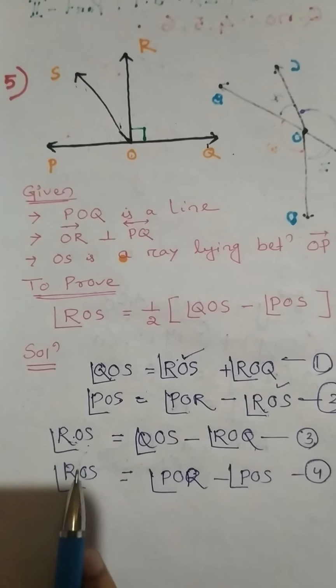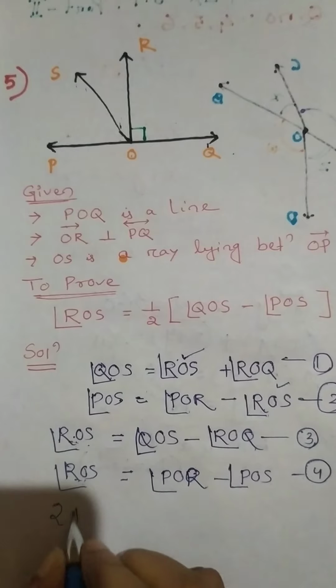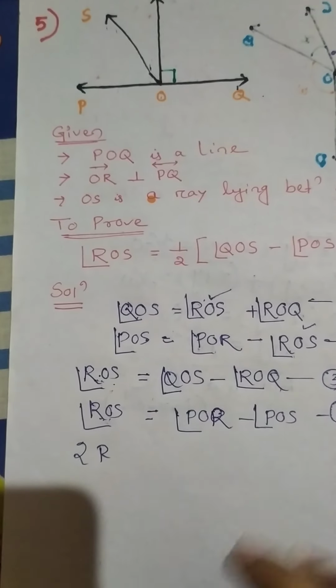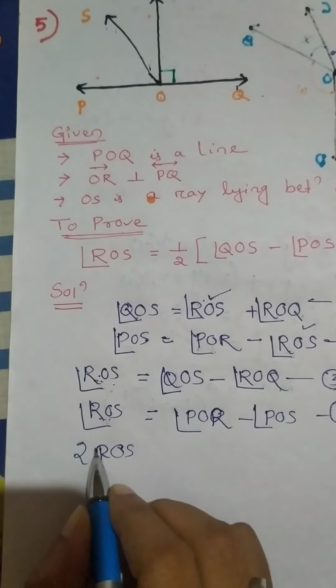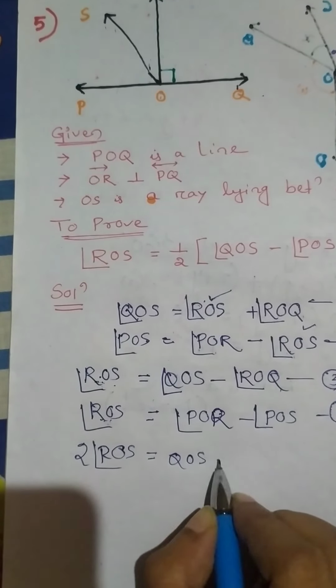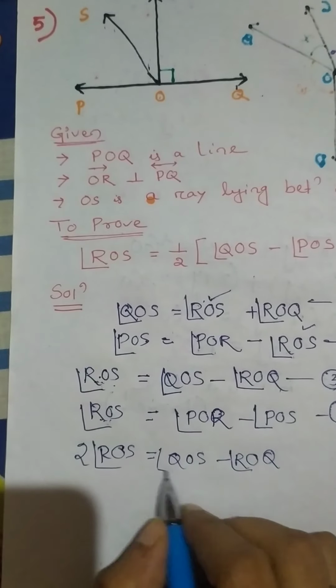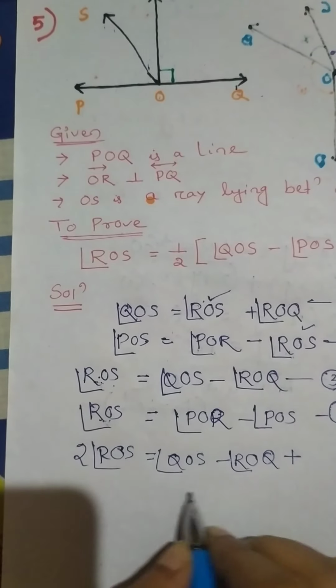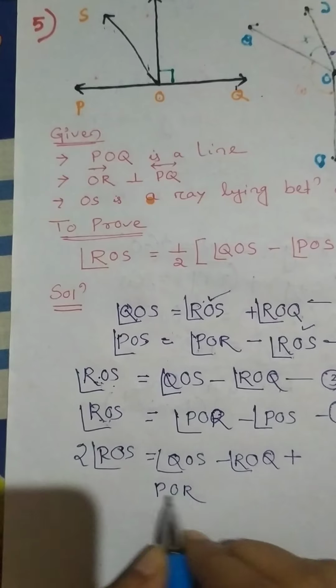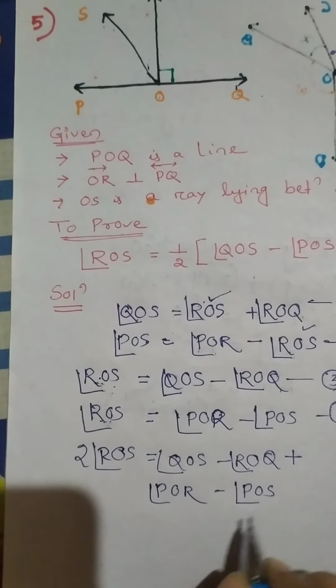So if we are going to add these two equations, we will get 2 ROS. So 2 ROS is equals to QOS minus ROQ plus POR minus POS.